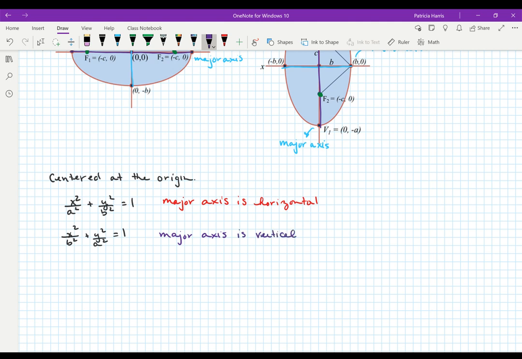Now you'll notice that pretty much the only difference in these two equations is where the A and the B is. A is always associated with the major axis. B is always associated with the minor axis.